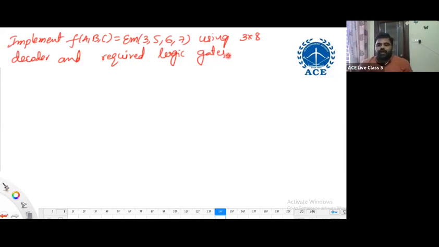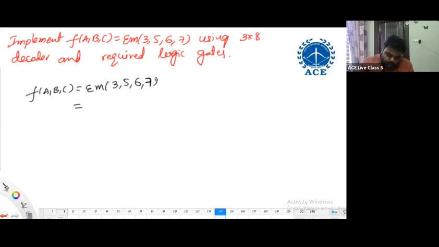Let us see what is the function we would like to implement. Then we can see how it can be implemented. So f of a, b, c is equal to sigma m of 3, 5, 6, 7. Let me write the expression. You need to understand each and every expression I am going to write now.